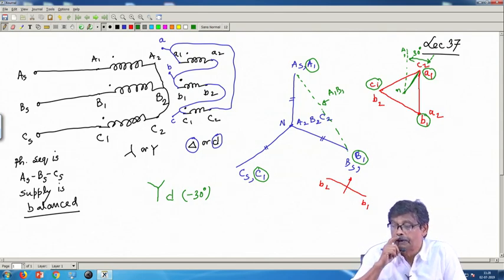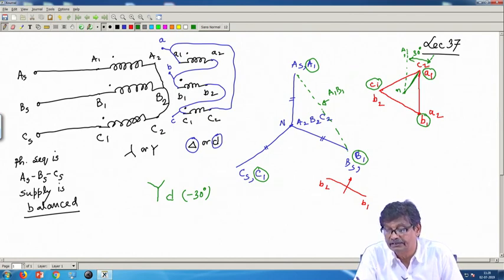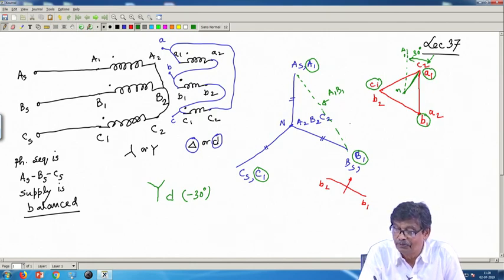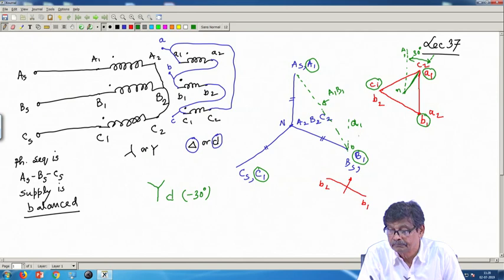This is the line to line voltage. On the secondary side, what is the line to line voltage? It is this vertical line, and this line to line voltage too, this is a1b1, that is also 30 degree lagging.